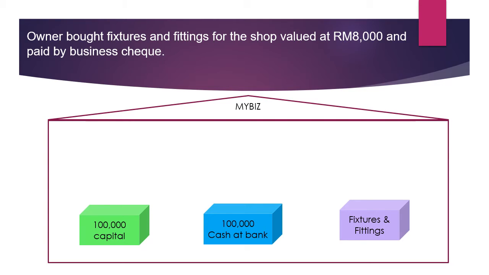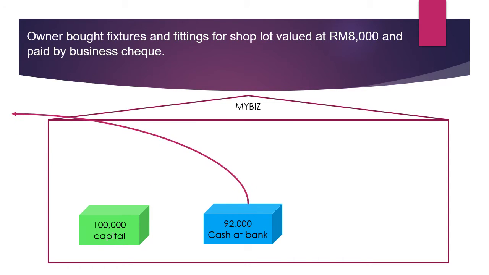So they're using a check, so definitely the money is from the bank. So in the business, there is 100,000 of capital and 100,000 cash at bank, but zero fixtures and fittings. So this transaction would affect the accounting equation.